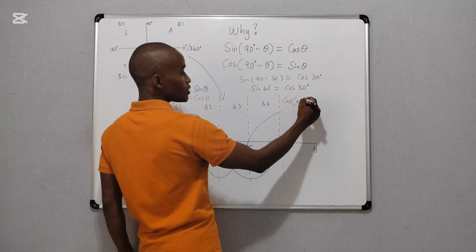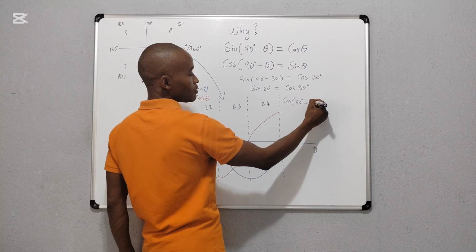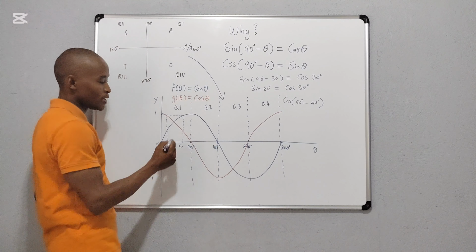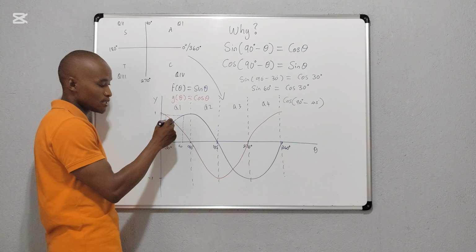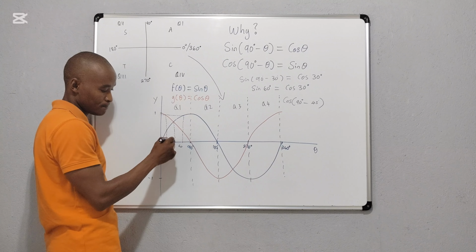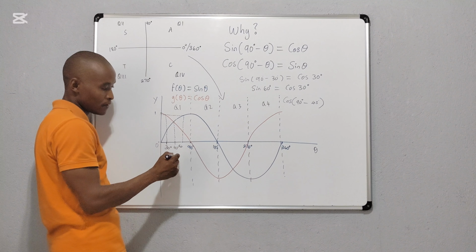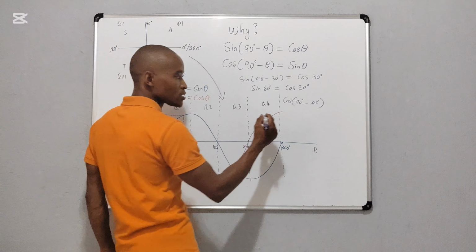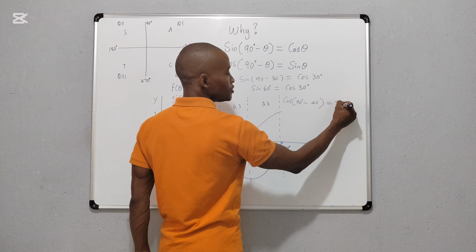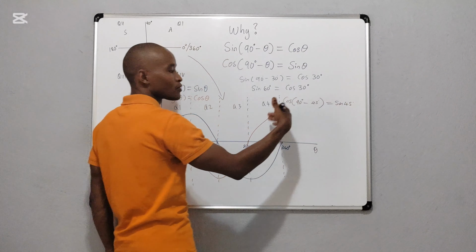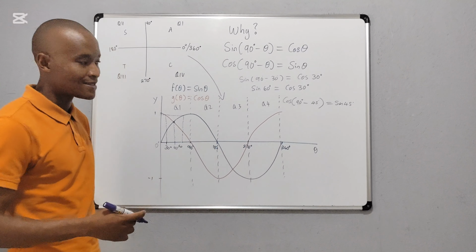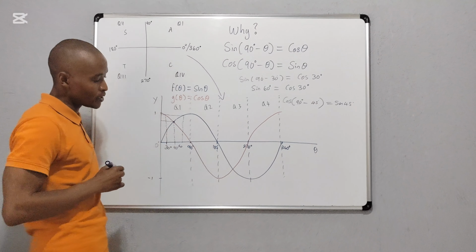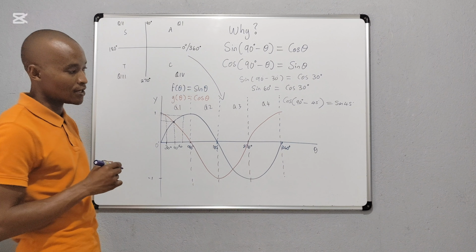We can work with now minus, let's say, 45 degrees, okay? Where will that be? Right at this point of intersection. So that is 45. It's a point of intersection for both sine and cosine. So that will be equal to sine 45. Cos 45 is the same as sine 45, and that gives us a particular y value.